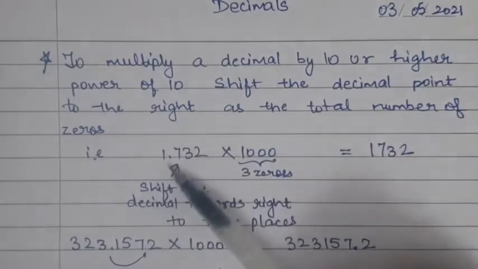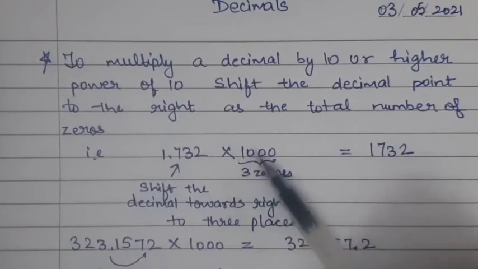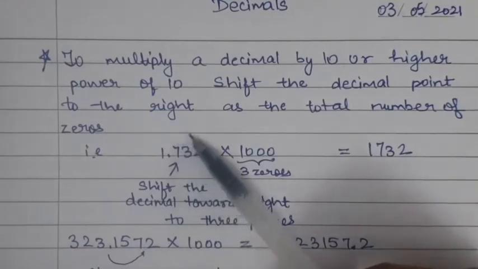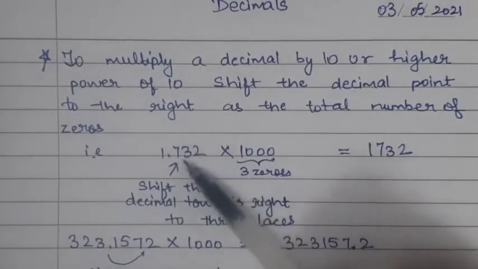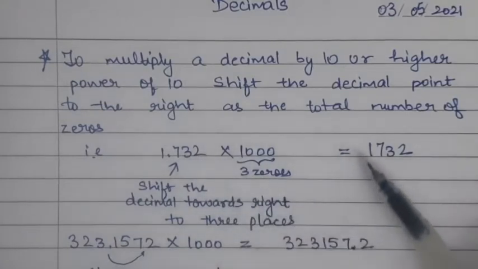That is, if we have to multiply 1.732 by 1000, now in 1000, how many zeros are there? 3 zeros. So what we will do? We will shift this decimal towards right by 3 digits, that is 1, 2, 3.